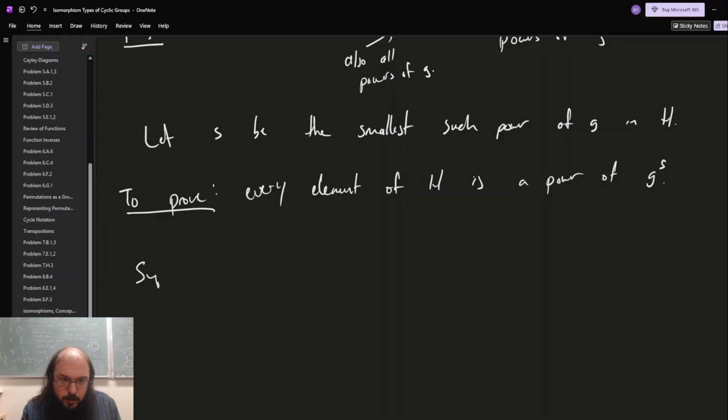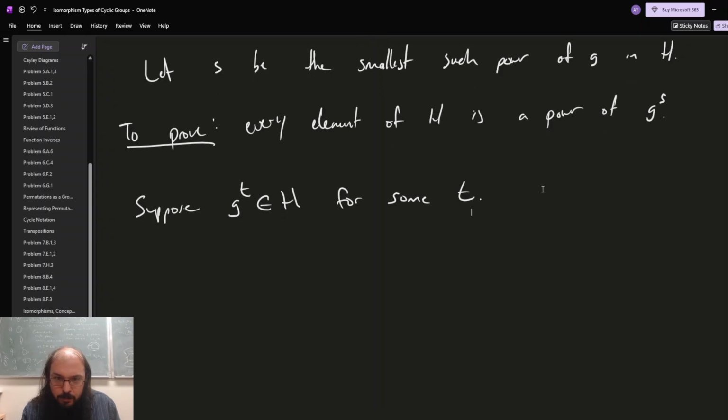So suppose g to the t is in H for some t. Well, we know from last time how to do the division algorithm. So since s is the smallest, by division, we have t equals qs plus r with quotient and remainder. And therefore, g to the t equals g to the qs plus r, or g to the qs times g to the r.